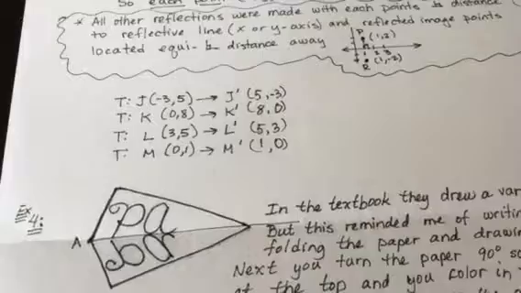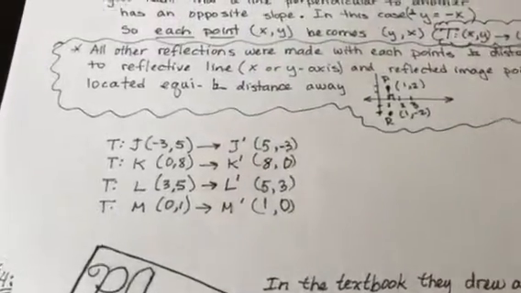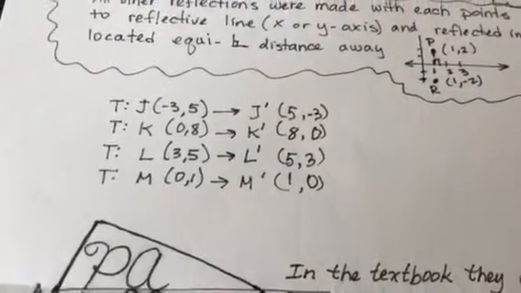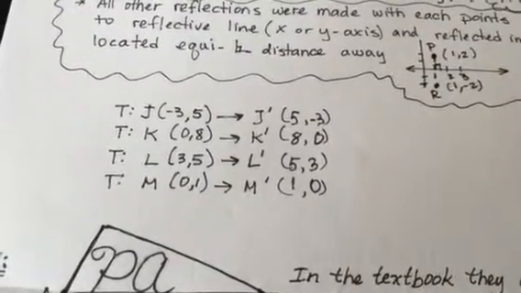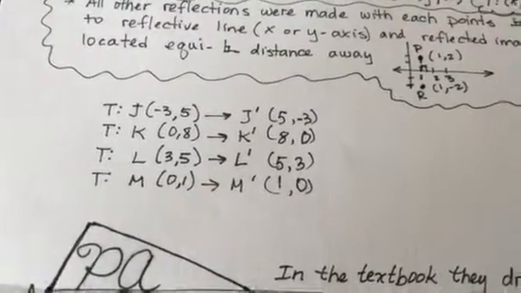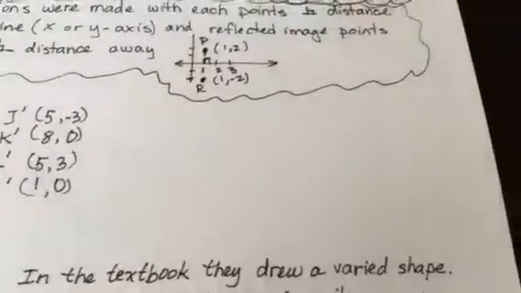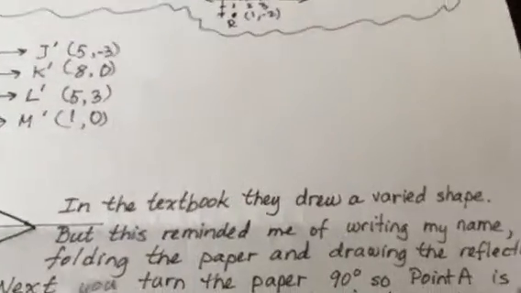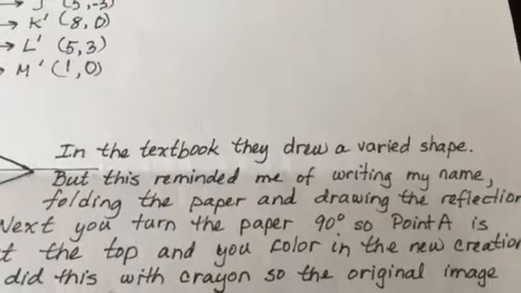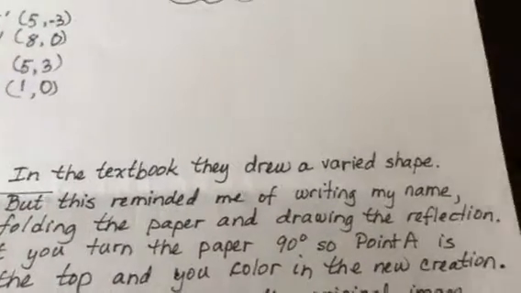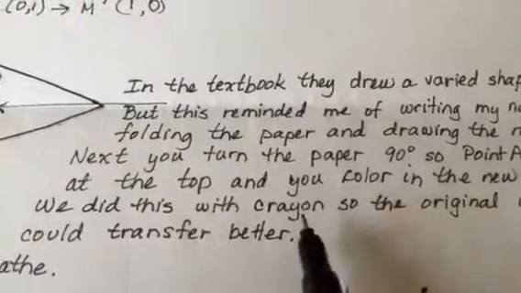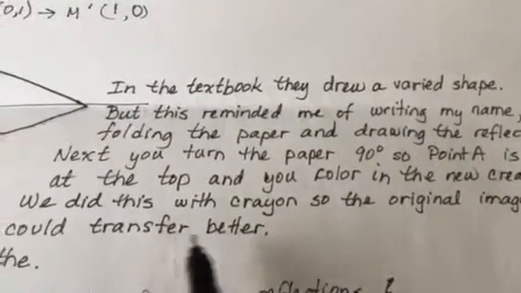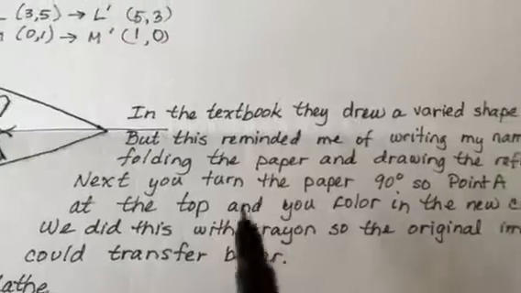Now, Example 4 in the book is a little different. I'm bringing this in to show a shape of PA and a triangle over it. In the textbook, they drew a varied shape, but this reminded me of writing my name in cursive, folding the paper and drawing the reflection. We actually did this with crayon so that the original image could transfer better as we rubbed on the back.